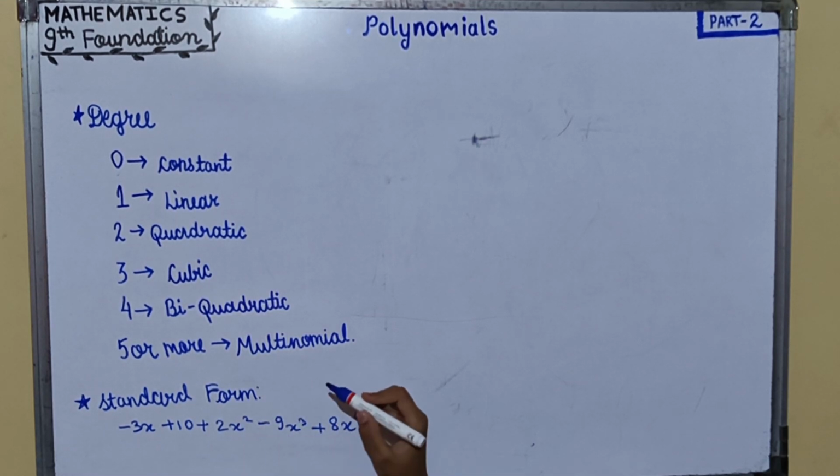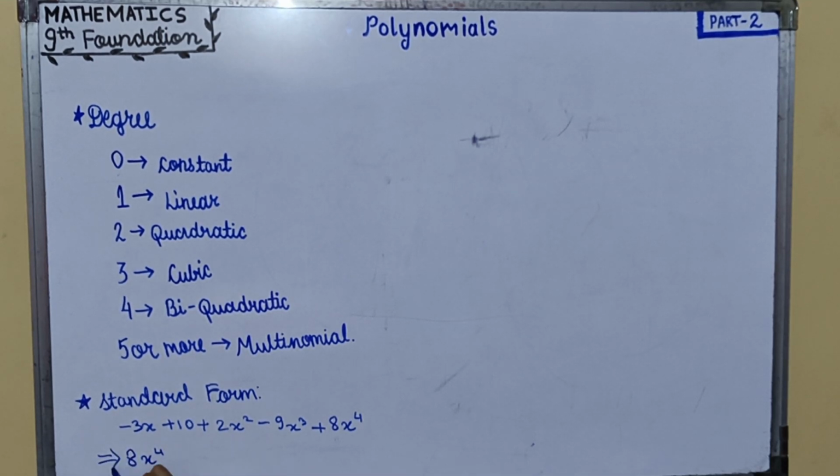So meaning of standard form is from greatest to lowest according to the degree, according to the power. So 8x raised to 4 will be first in the standard form.